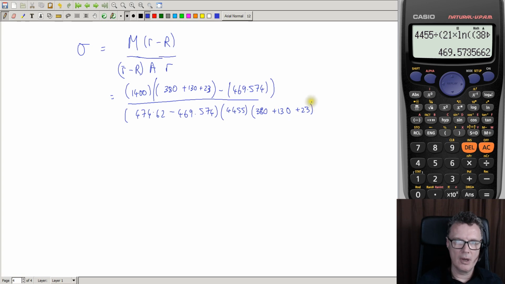Right. Okay, so I've been putting these in as millimeters. Let's look at the units. I've got that is in SI units. This is going to be millimeters times 10 to the -3.